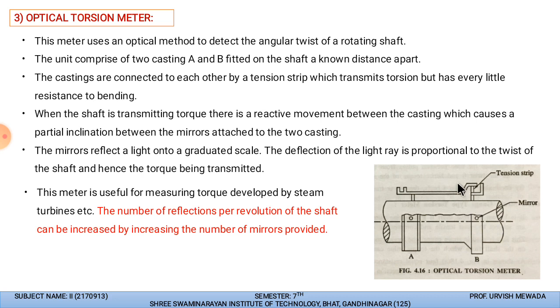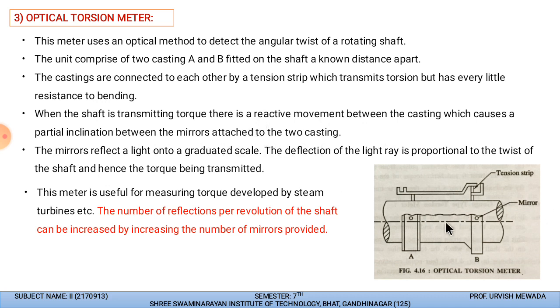The castings are connected to each other by a tension strip. This is the tension strip mounted on the shaft, which transmits the torsion but has very little resistance to bending. This is how we can check the twisting of the shaft. When the shaft is transmitting torque, there is a relative movement between the castings, which causes a partial inclination between the mirrors attached to the castings.